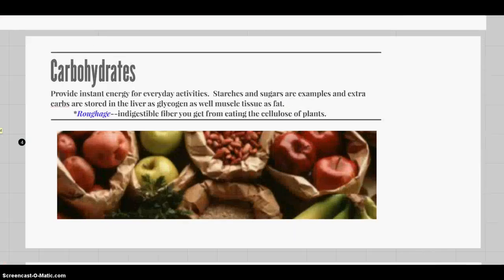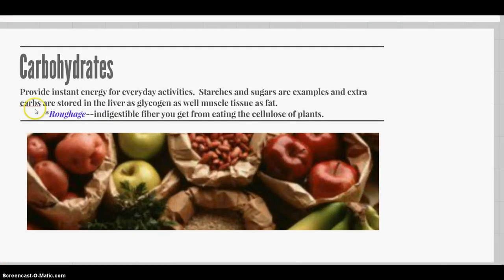Next, carbohydrates. Carbohydrates provide the body with instant energy. If you're on a sports team, you should eat a lot of carbs so you can have that instant energy to run back and forth.